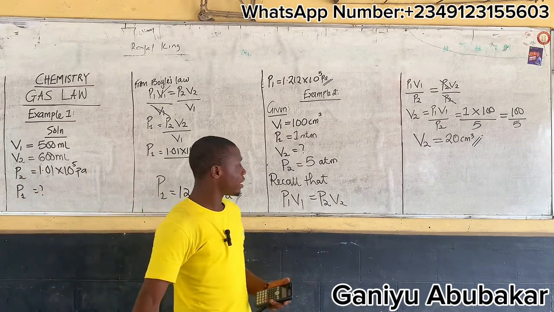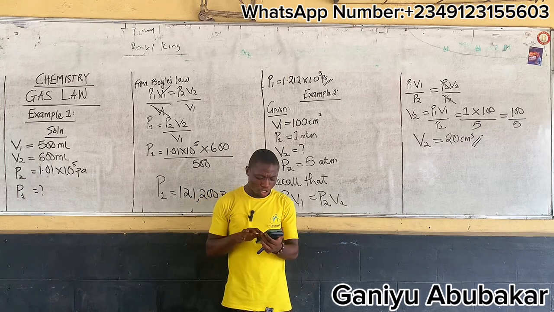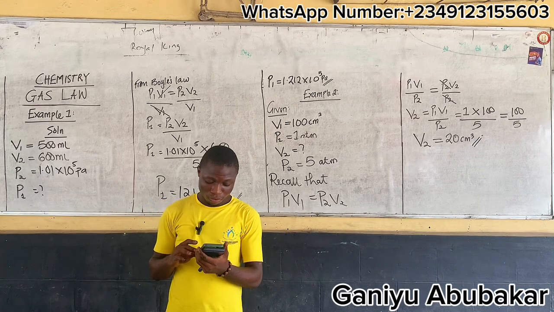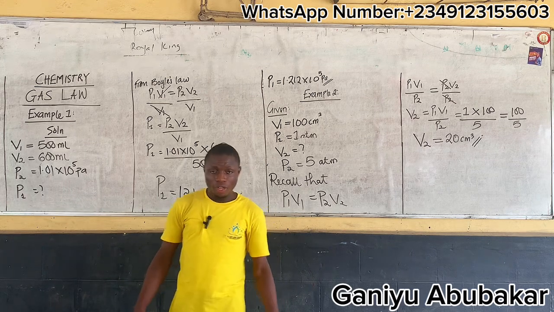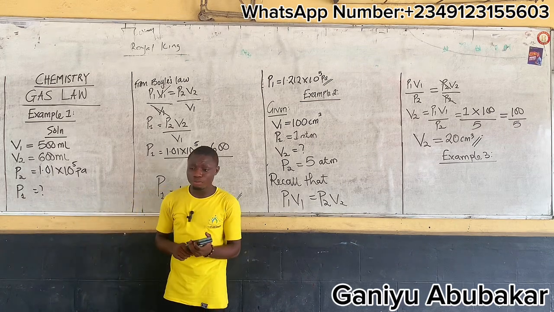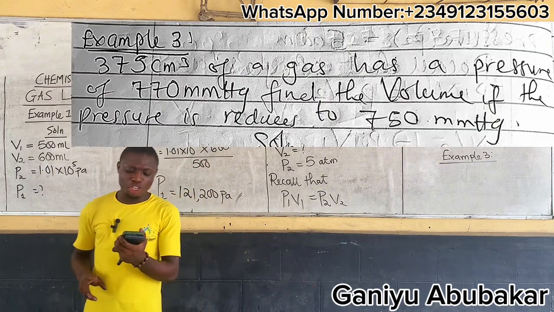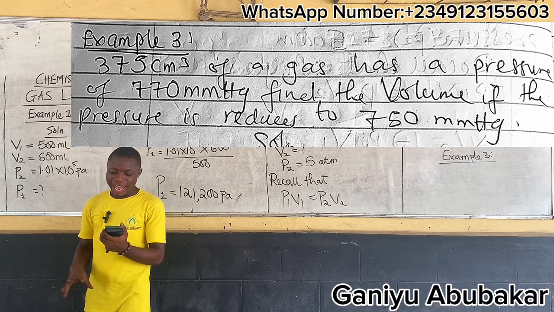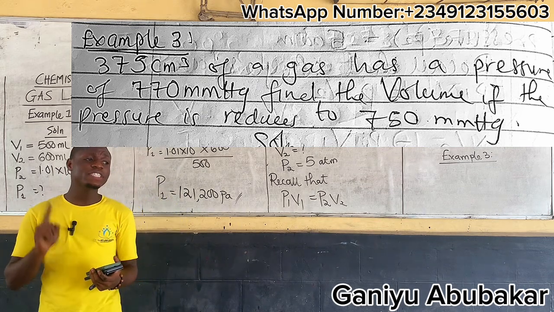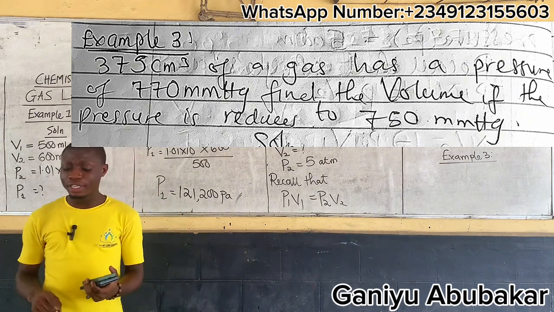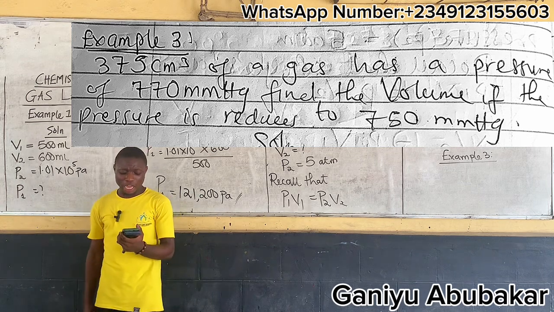Let's do yet another example. 375 cm cube of a gas has a pressure of 770 millimeter mercury, mmHg.